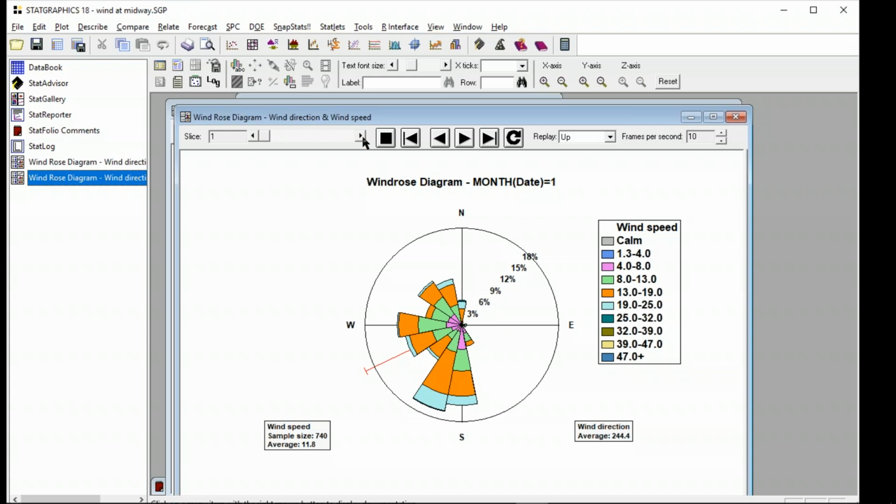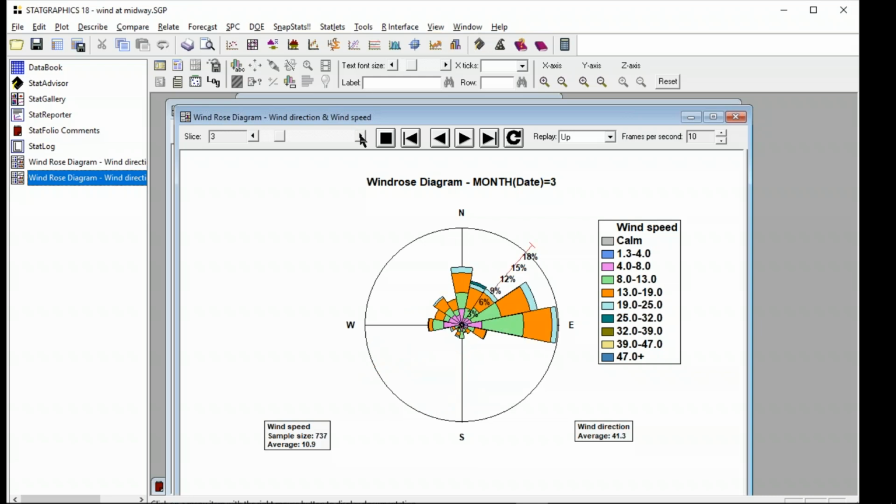Now let me walk it through the months of the year. That's January. In February, it was fairly similar. March, for whatever reason, it shifts dramatically over to the northeast. Okay, stays there pretty much in April, May, June, July. Then in August, shifts around to the south.